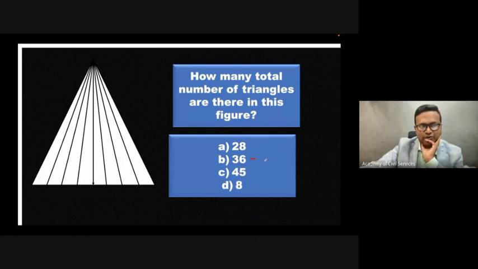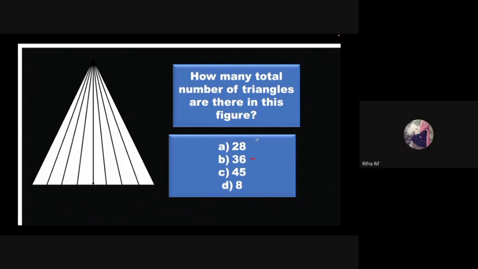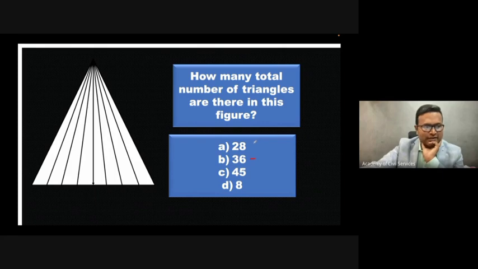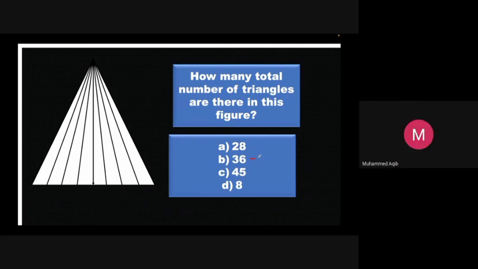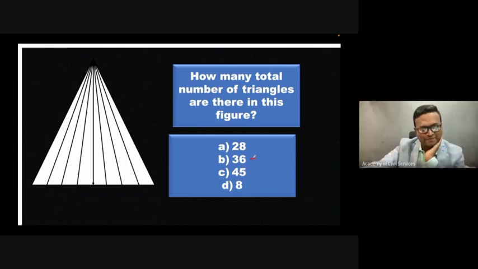You can tell your name and answer also. 36. Yeah, what is your name? Rafna. Yes, thank you, Rafna. Anyone else? 36. Yeah, and what is your name? Akib. Okay, thank you.